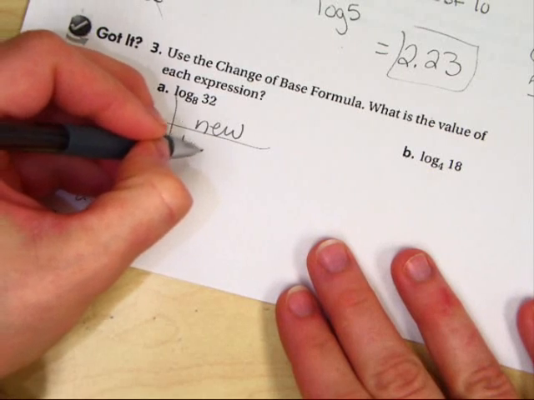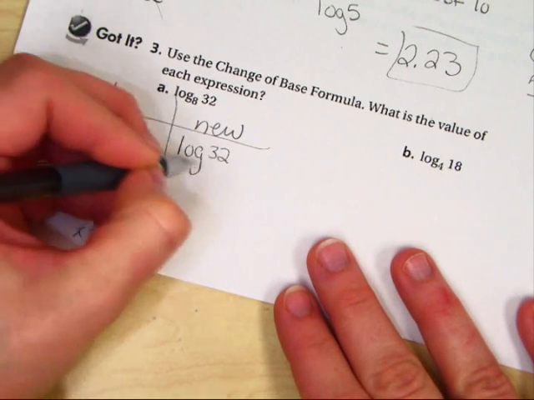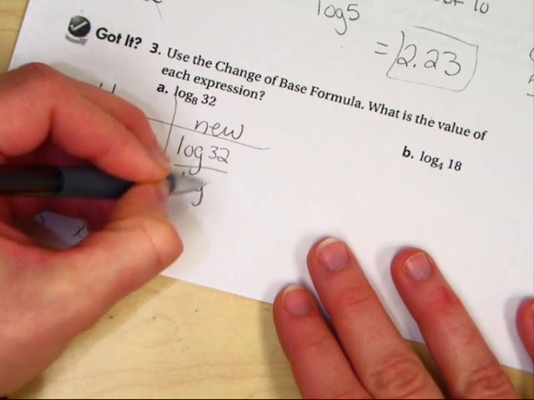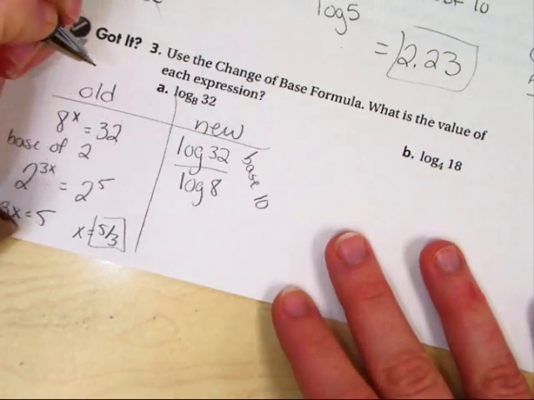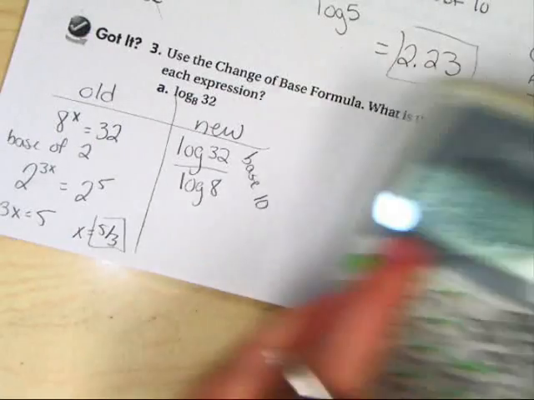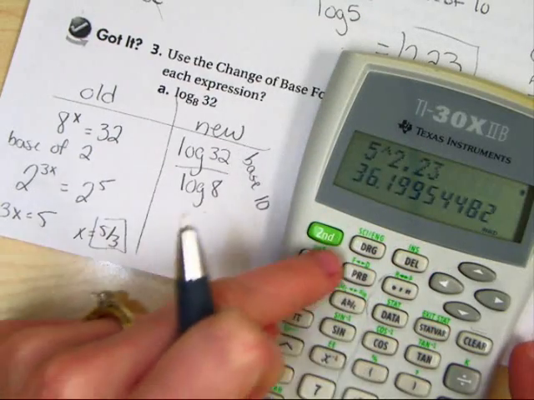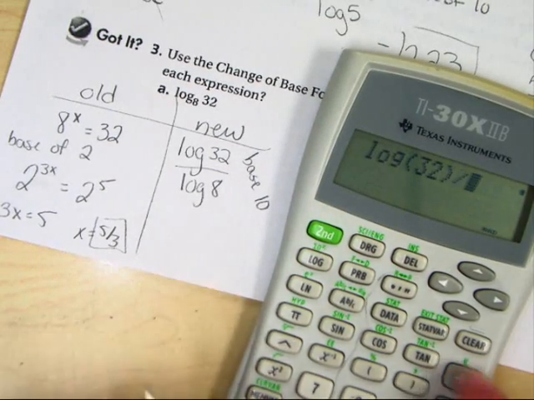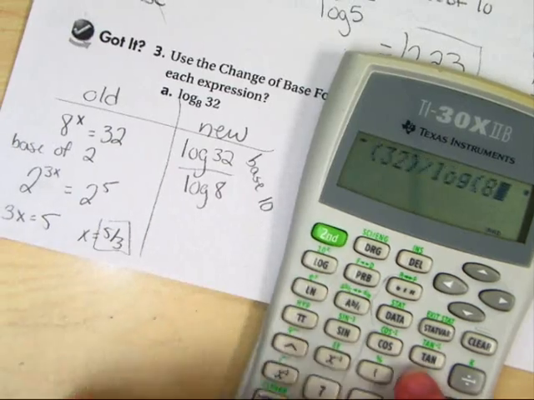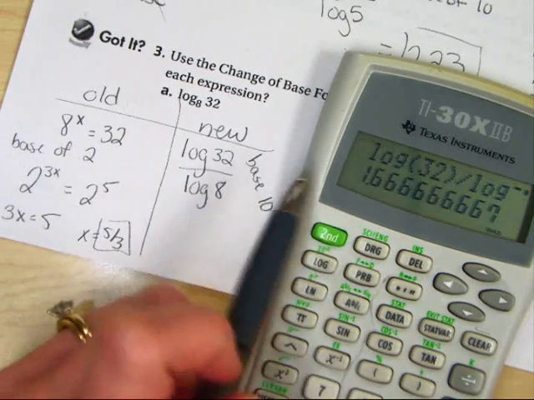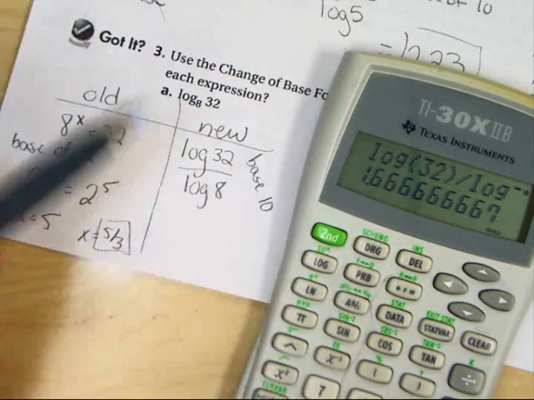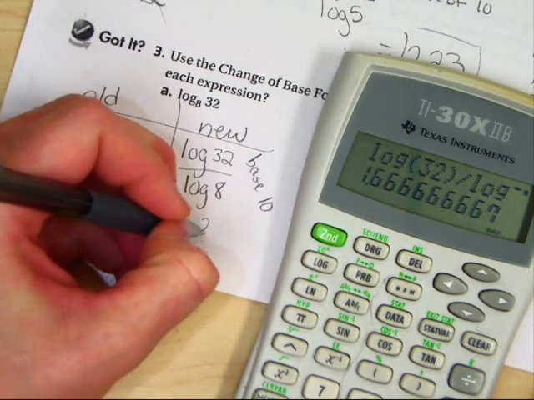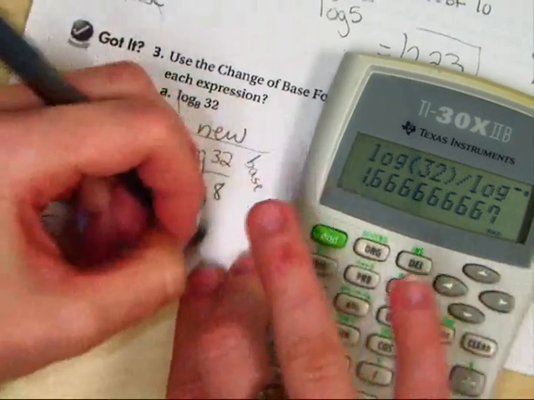Perfect answer. Now let's try it the new way. You would just take log of the answer over log of the base. Notice we're using a base of 10, so we can put it into the calculator. So we do log of 32 divided by log of 8. You're going to get a decimal. You should know by now in Algebra 2 that that is, in fact, 5 over 3.